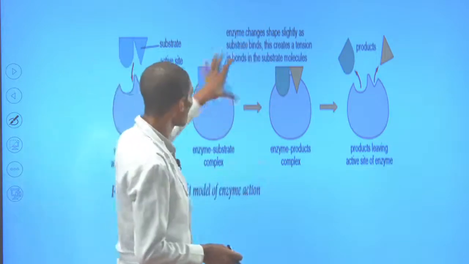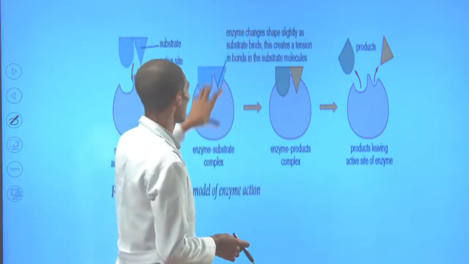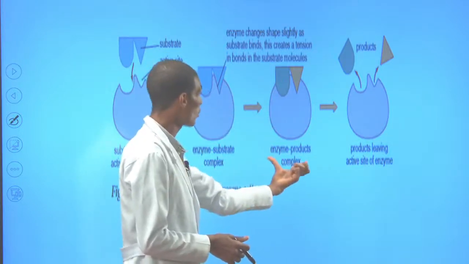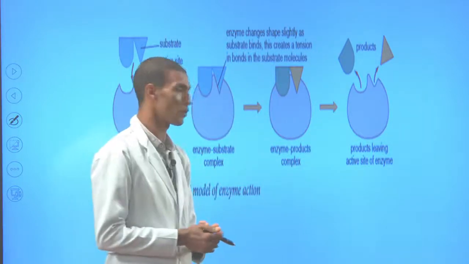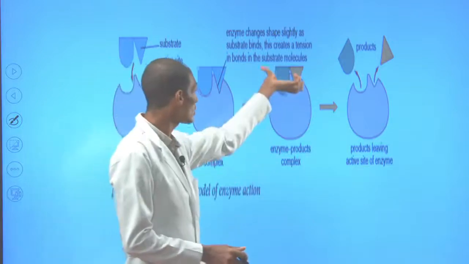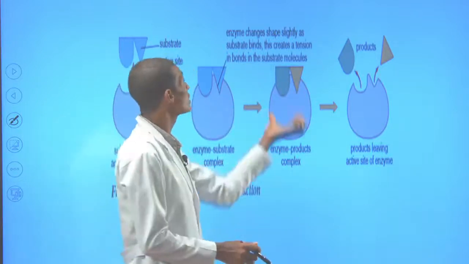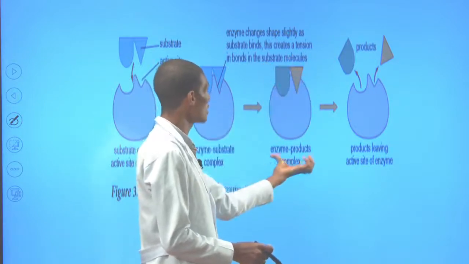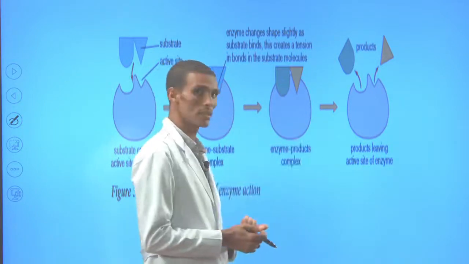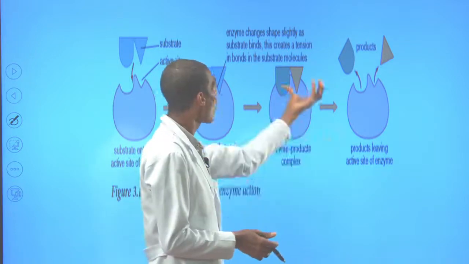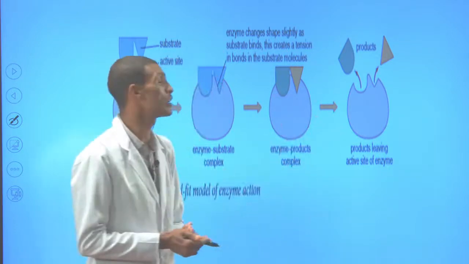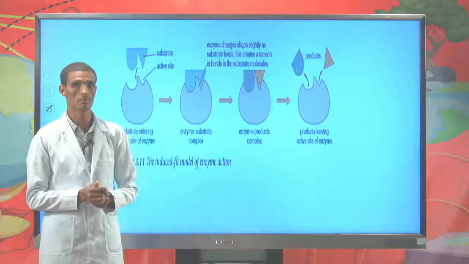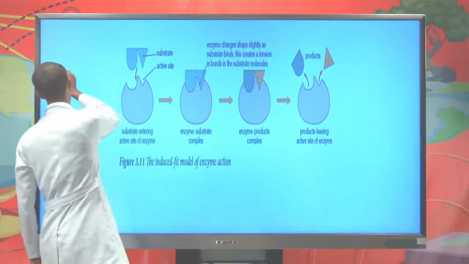That brings a change in the shape of the active site, which puts the substrate under tension, which is the reason for enzyme substrate complex formation, entering a new pathway. With this tension, with the substrate put under tension, they can lower activation energy. So they overcome the limitation of the lock and key model, and the induced fit model is very preferable. Well done.